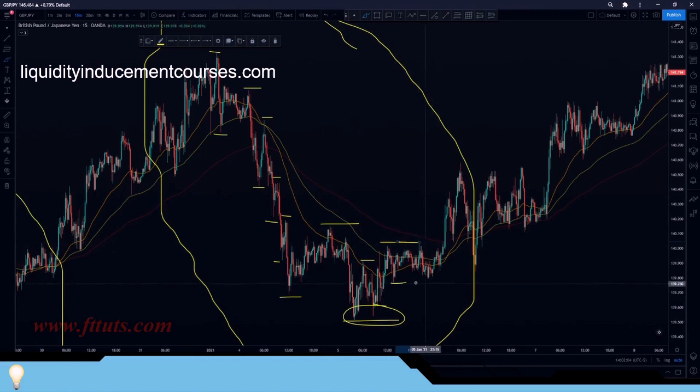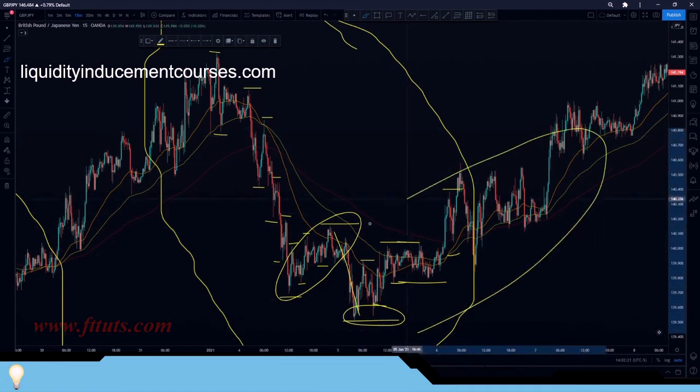This is a double top, double bottom, and there you go. Now this could have given you an indication that, okay, we're creating higher highs and higher lows. However, it did go slightly lower, and then it started to trade within the trend.